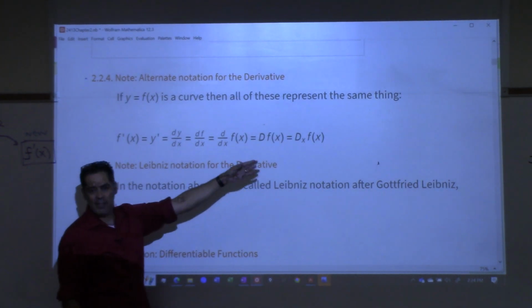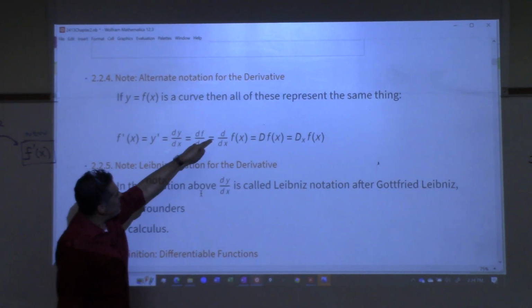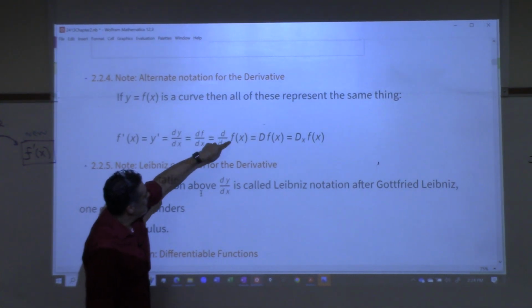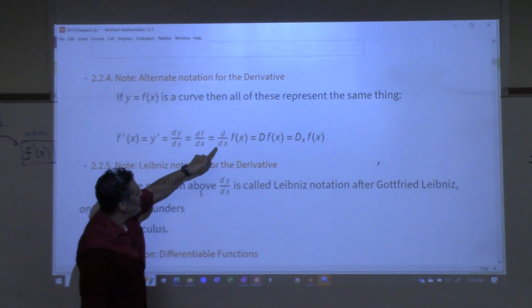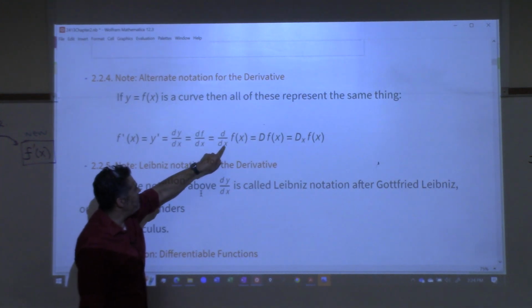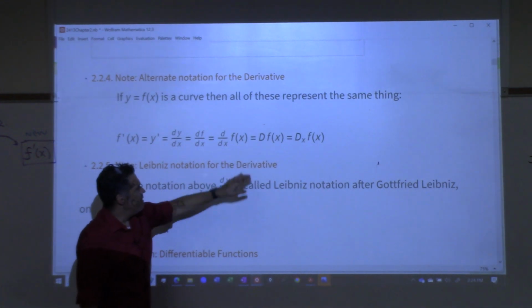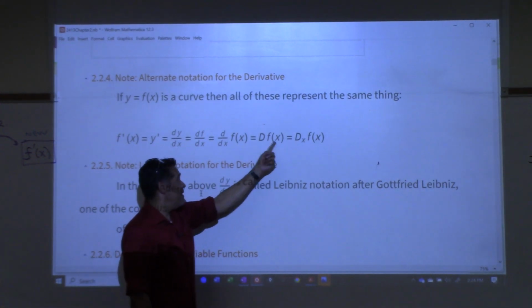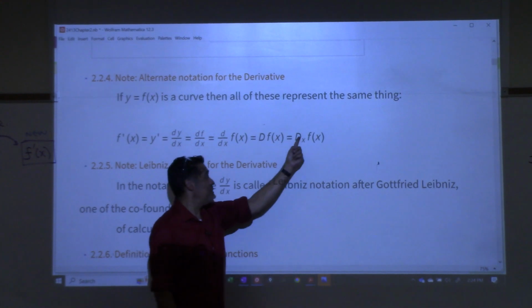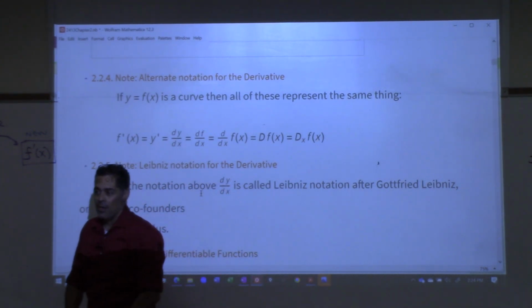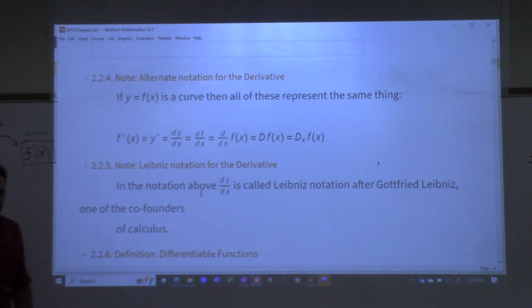These all mean the same exact thing. If you see d over dx, this says take the derivative, treating x like your variable, of the function f of x. This also means take the derivative of that function. This also means take the derivative of that function, treating x like your independent variable. All those notations are exactly the same.